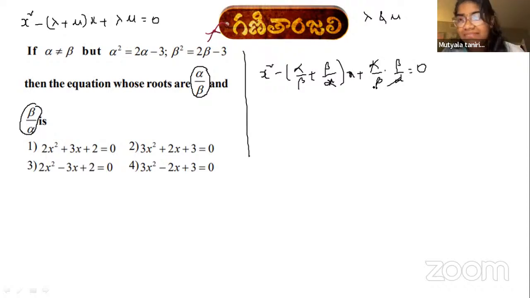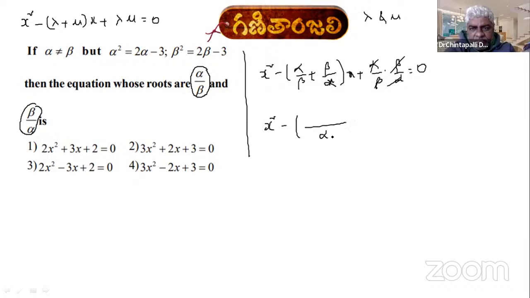Yes, sir. Alpha cancels, beta cancels. x square minus of LCM, alpha beta, alpha square plus beta square, times x plus 1.